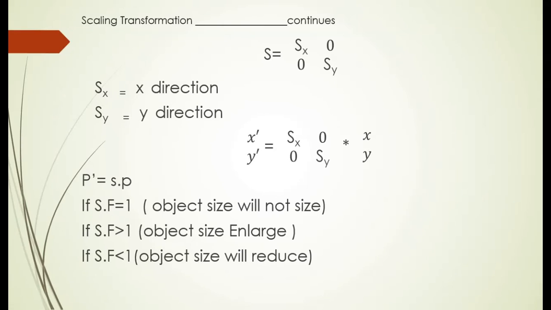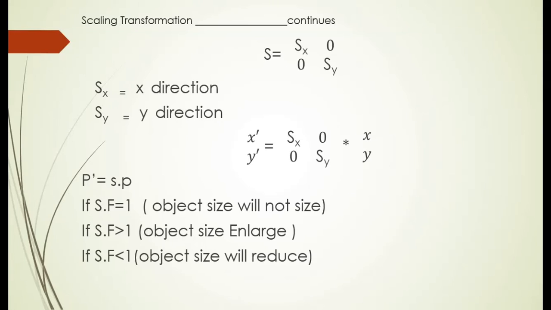Based on these scaling factors, changes can be done. So the matrix S is equal to first row Sx, 0 and second row 0, Sy, where Sx is the x direction and Sy is the y direction.